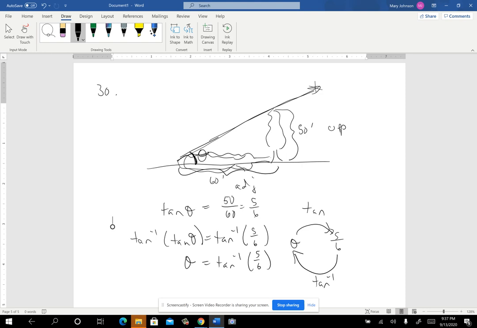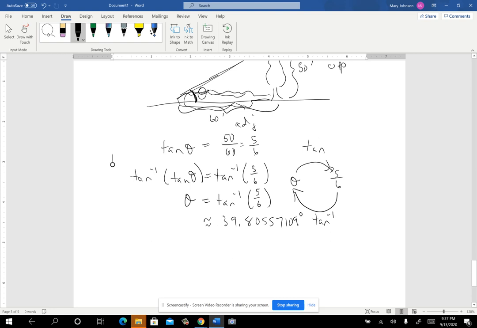Now, when we do that, we wind up with theta being around 39.80557109, and it is degrees because I was in degree mode. And it said, find the angle of elevation to the nearest degree. So it wanted me to round to here. So that would be about 40 degrees.